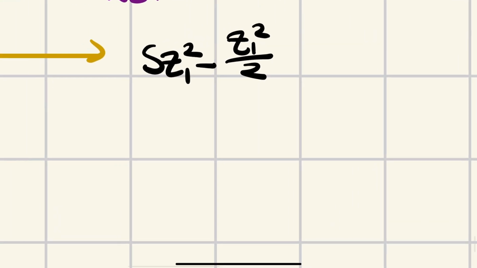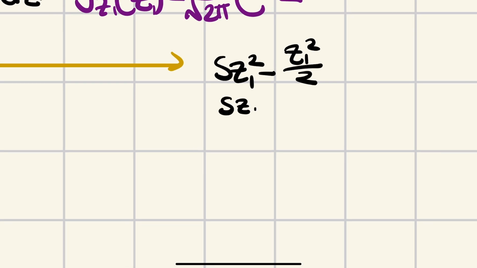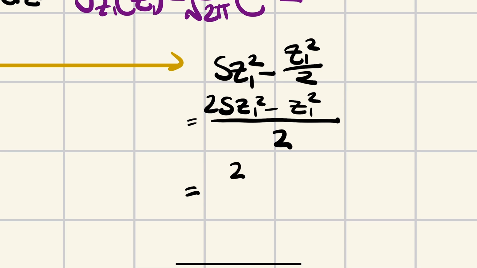So this is basically s z1 squared minus z1 squared over 2. So this equals 2s minus 1.